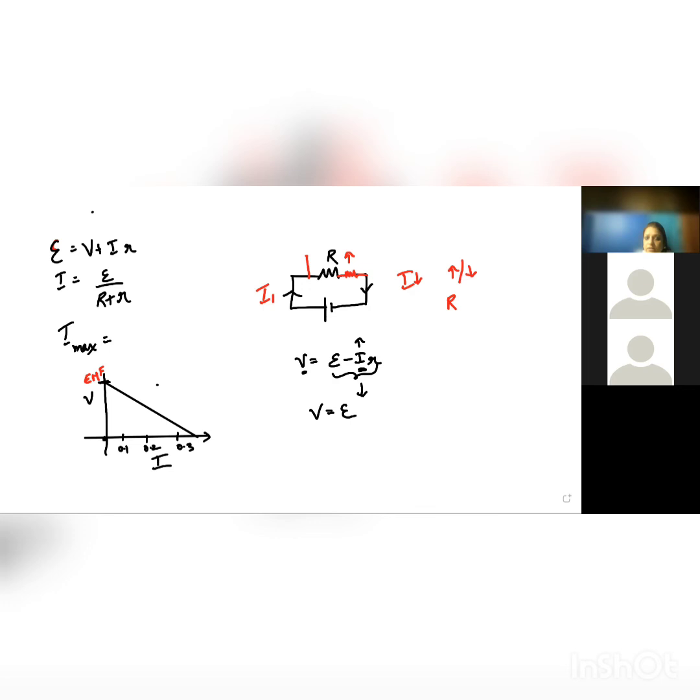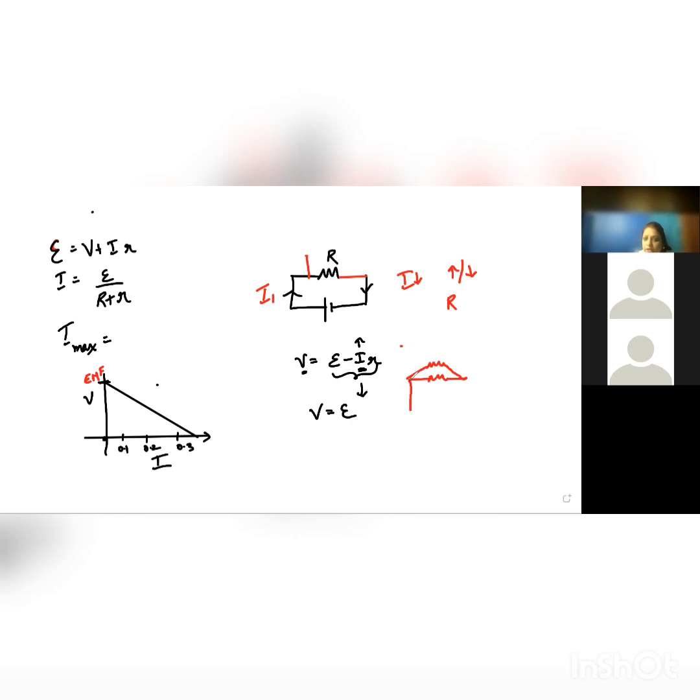If I put this in parallel, then I'll be drawing more current because the resistance will decrease. I have resistance here, and one more resistance here.